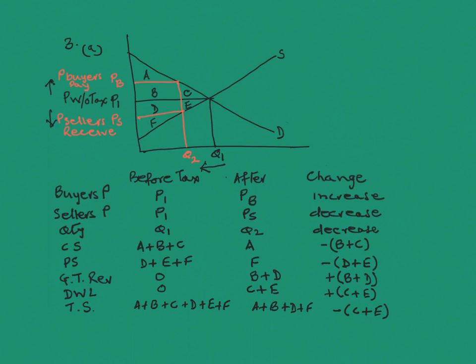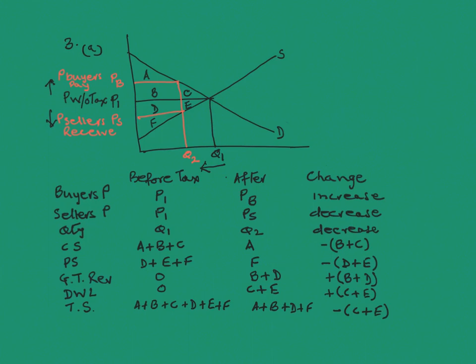Before the tax, the area D plus E plus F was the producer surplus. After the tax, the only area left is area F. Therefore, the change is negative D plus E.